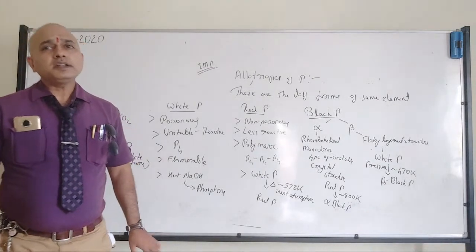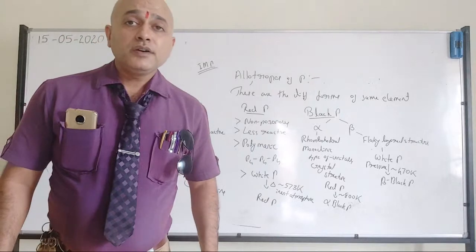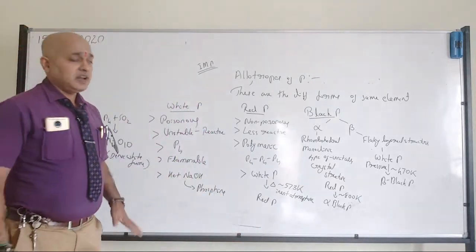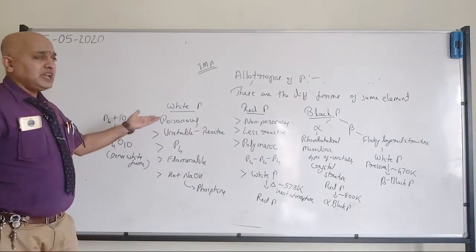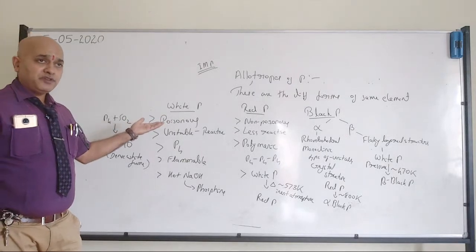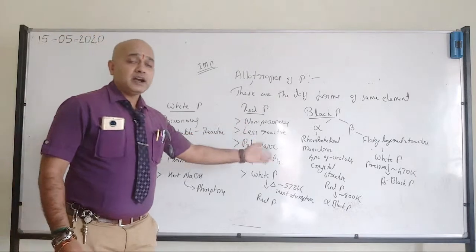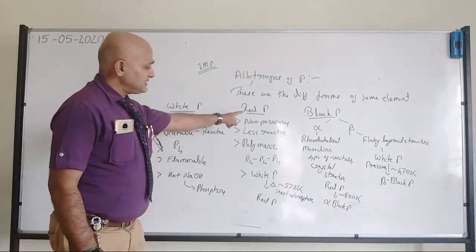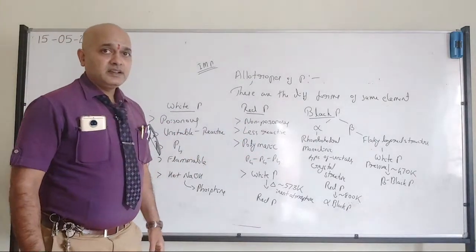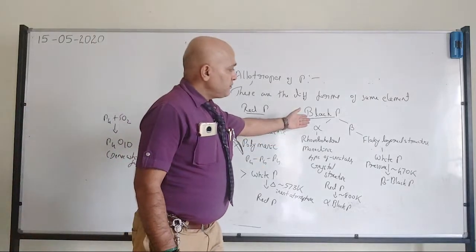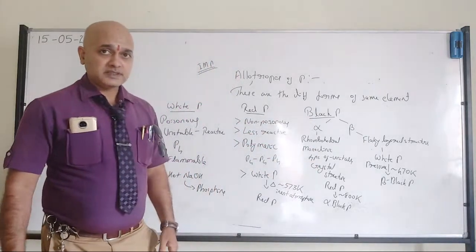Normally, they have not asked the difference between these allotropes. They have never asked. But 1 mark question: name the poisonous allotropic form of phosphorus. Then white phosphorus. Name the polymeric allotropic form of phosphorus. That is red phosphorus. Or they can ask with respect to black phosphorus.